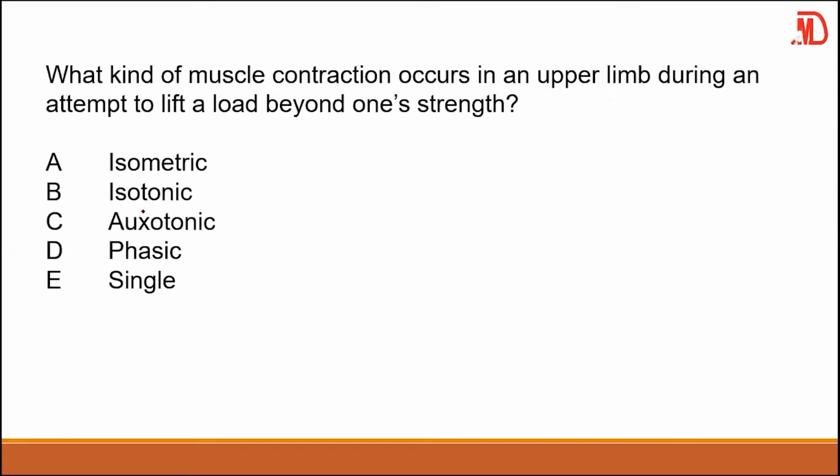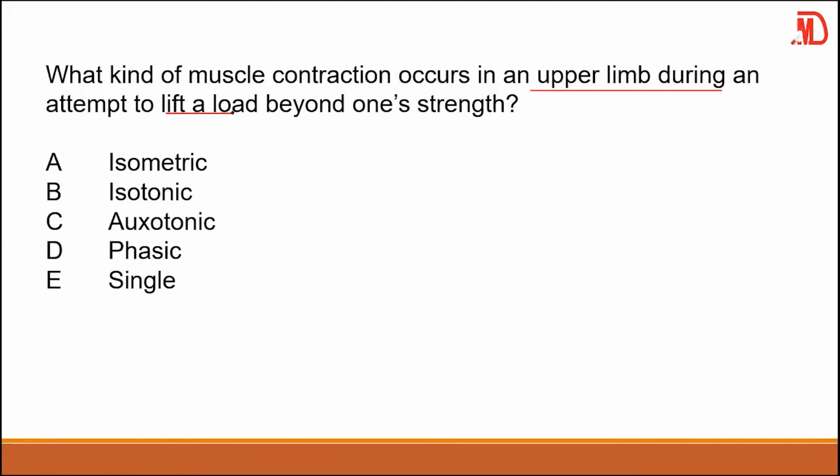What kind of muscle contraction occurs in an upper limb during an attempt to lift a load beyond one's strength? So you are lifting a load beyond your strength. What kind of contraction occurs? Let me take my time to go through isometric and isotonic contraction so you know the differences.